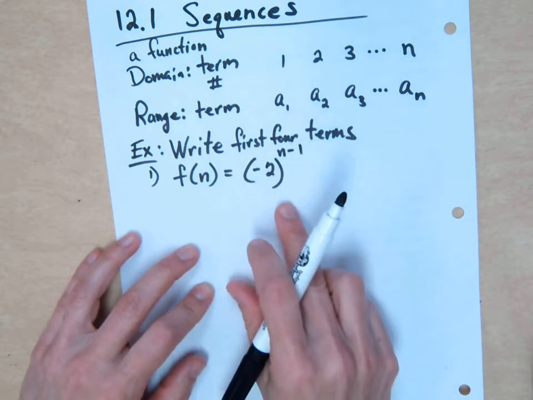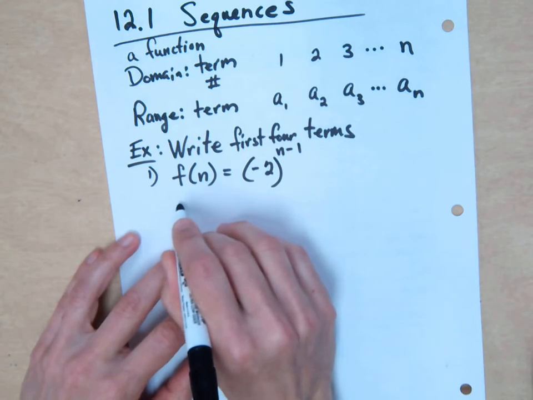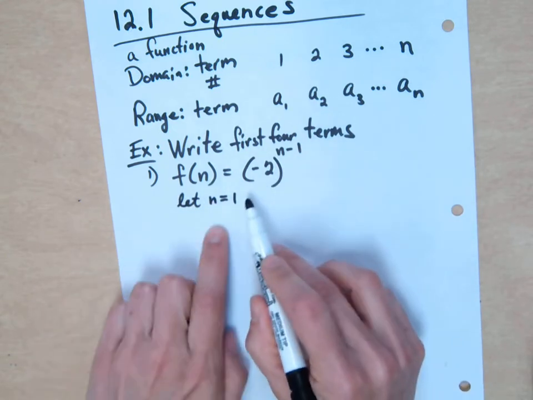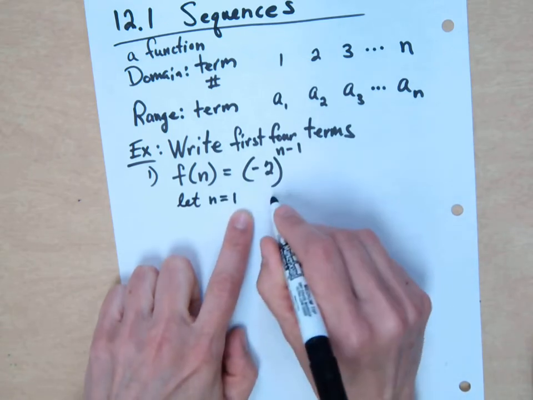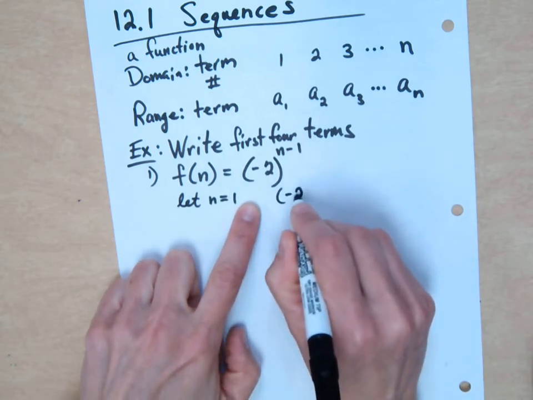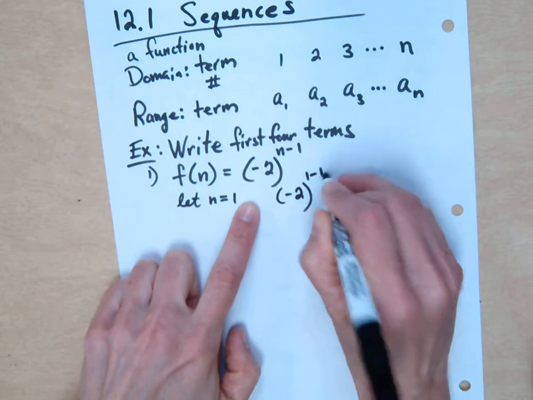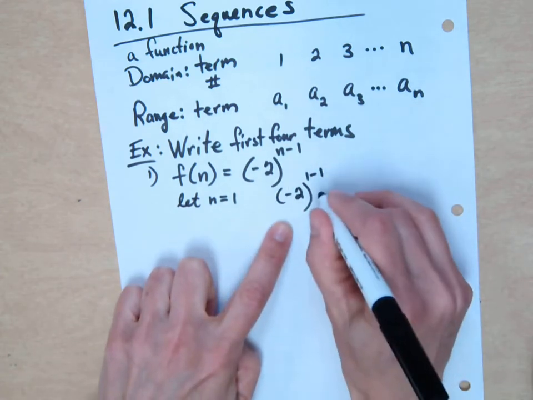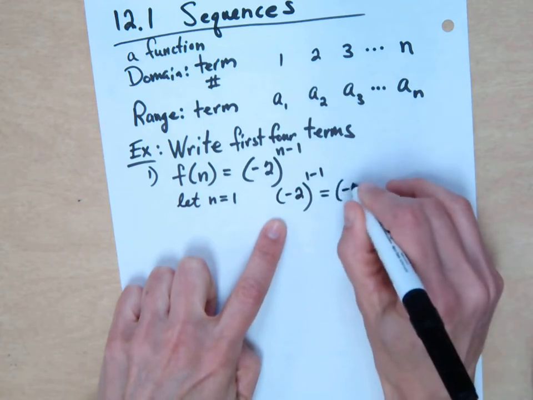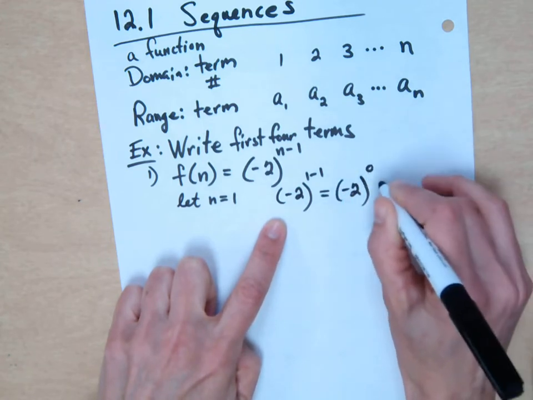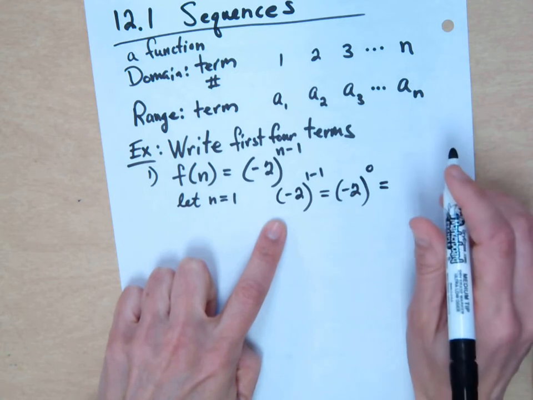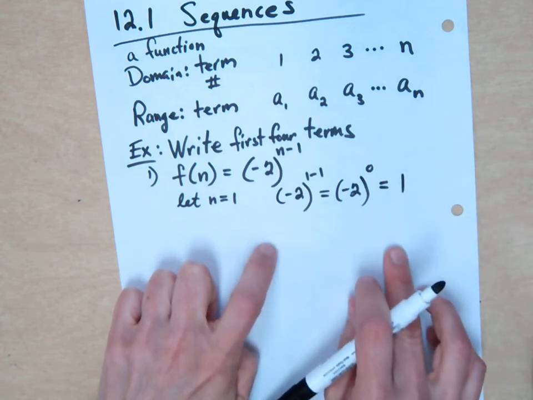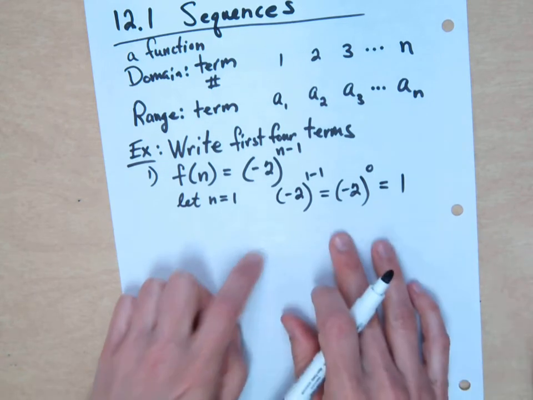Let n equal 1 for the first term. We just substitute 1 into this. That gives me -2 raised to the 1 minus 1. If I literally plug the term number into the equation and evaluate that, that's -2 raised to the 0 power, and anything to the 0 power is 1, not 0, 1, by definition.